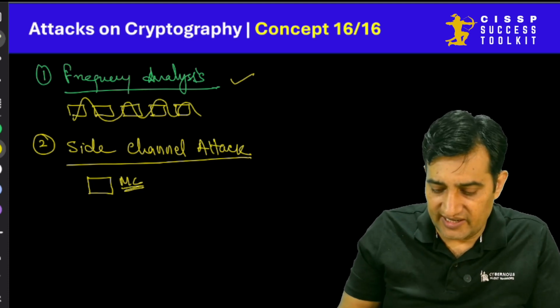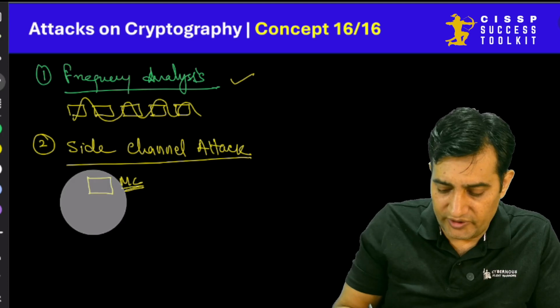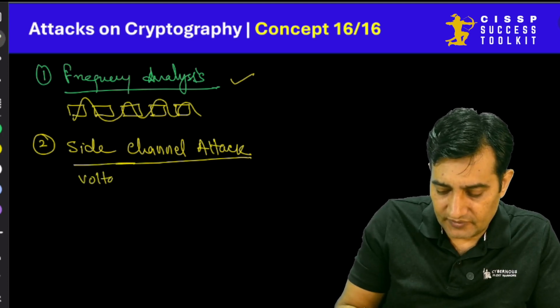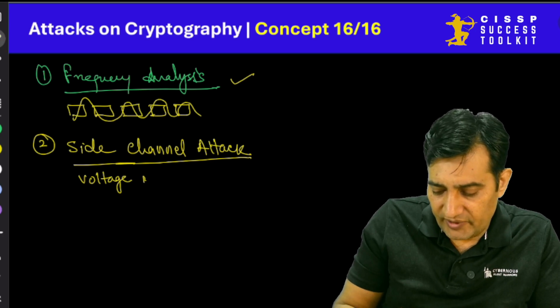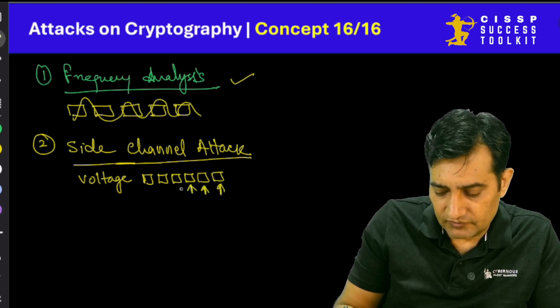Normally a side channel attack is not intrusive, but how do we do it? Let's say we are observing the voltage. When a crypto system is working, it takes different voltage for different characters.